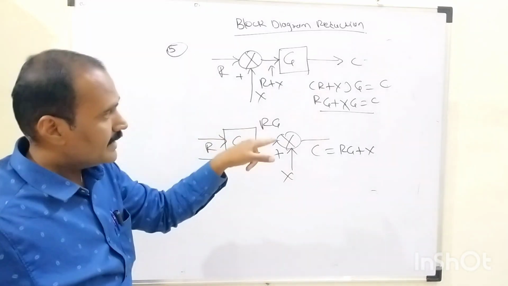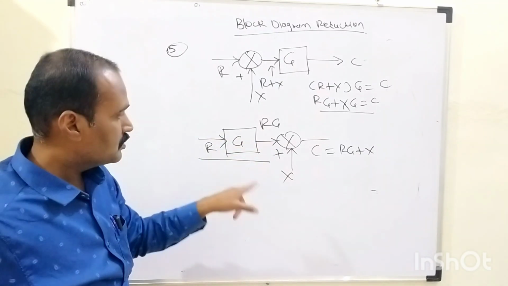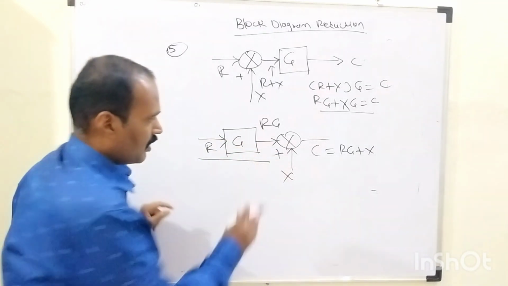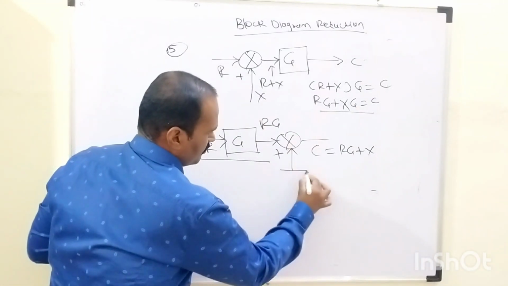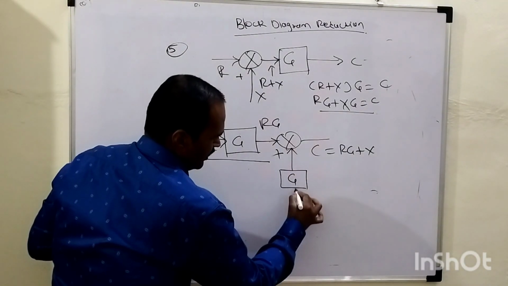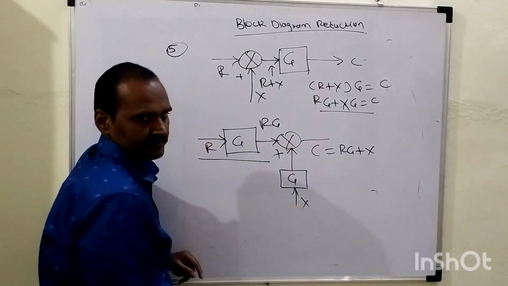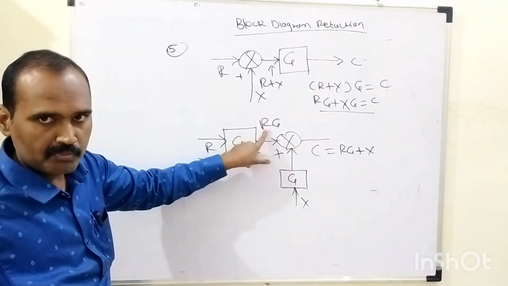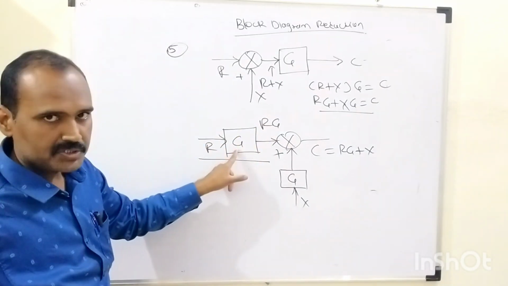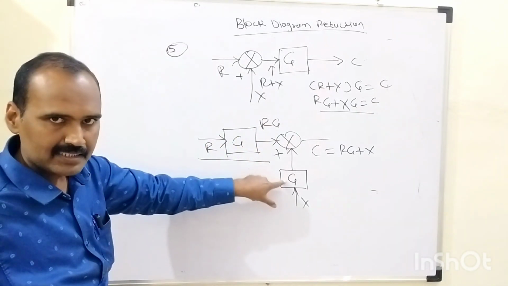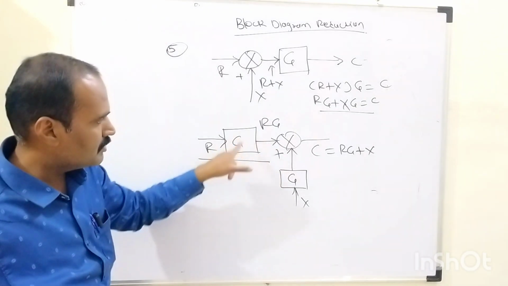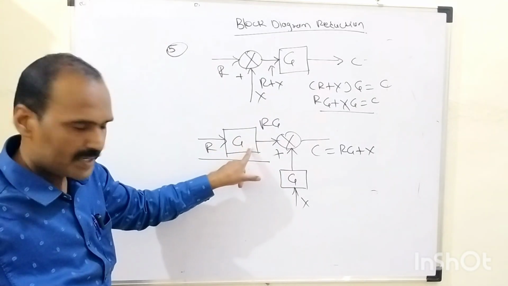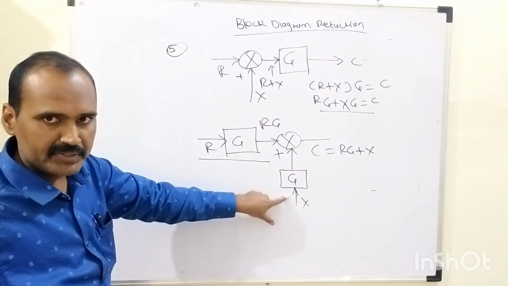So in order to retain that statement, what do we need to do? Obviously we need to add one more block to the lower terminal of this summing point whose gain is exactly equal to capital G, right? By adding this block, what will happen? Up to this point, the potential is R into G. As far as this newly added block is concerned, its gain is exactly similar to the previous one, capital G. And what input is being given to that G?